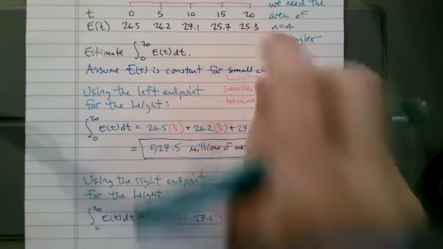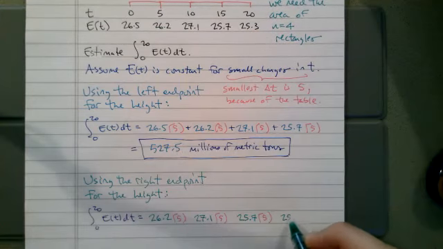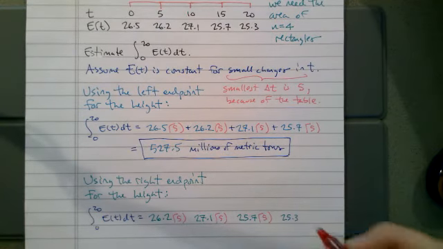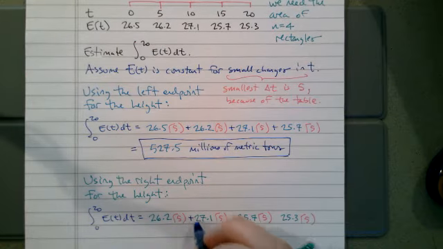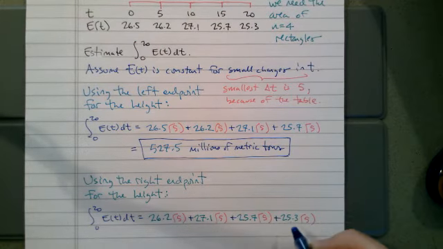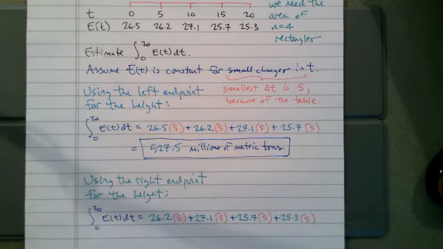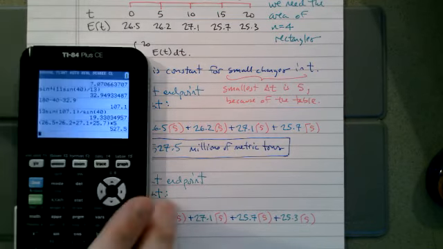And then I'll go to this last rectangle and I'll use 25.3 for that last 5 years that we're considering. Once again, we're assuming that the function is constant for these small changes in t, so that we can multiply.